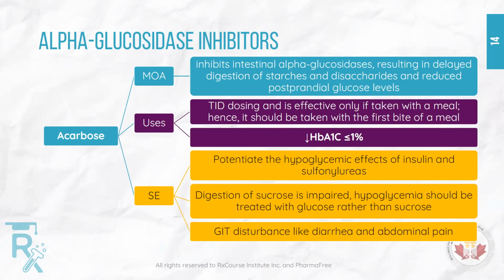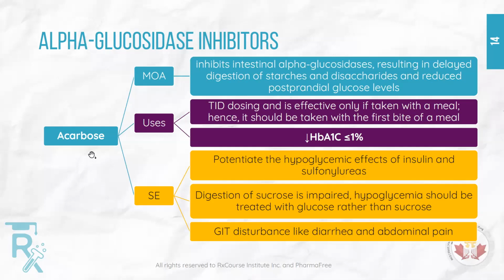So by inhibiting this enzyme, we don't have simple glucose to be absorbed. This is how it works. However, this medication is less effective compared to other medications for diabetes, and this is why it's not commonly used now unless in a specific condition.